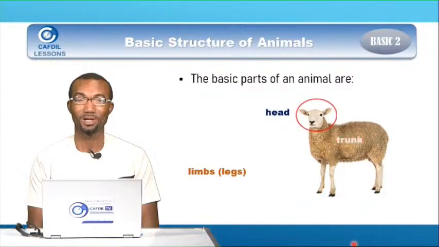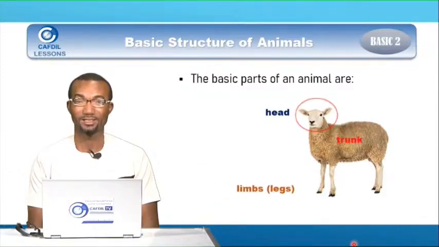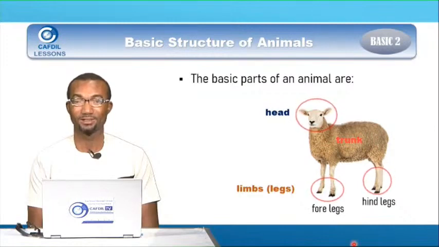And then the last one is the limbs, the legs. So the legs too, we have two in front called the forelegs, and then two at the back called hind legs. So the parts of this sheep: head, the trunk, and then the limbs, also called legs.